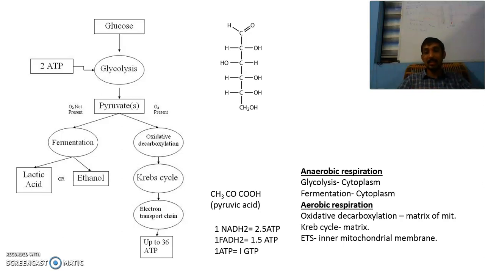That is incorrect. And like that, one FADH2 is exactly equal to 1.5 ATP, not 2. And 1 ATP is exactly equal to the energy of 1 GTP. This is the energy count of cellular respiration. So by using this, we can say that during glycolysis, we get a net energy of 7.